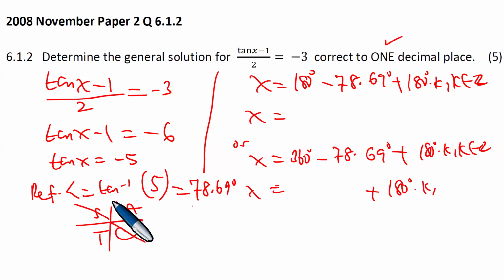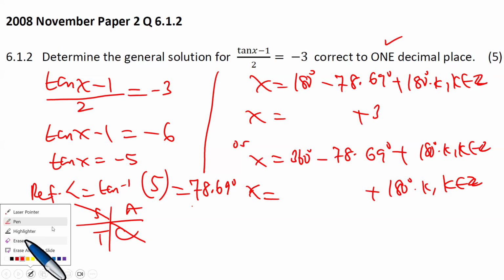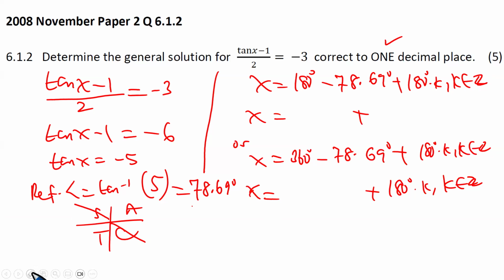The tangent has a small period of 180, so most of the time, like we saw before, the solutions start repeating, because the tangent has a period of 180 degrees, which is smaller than the 360 of the others. So now you're going to have 180 degrees k, k in Z.